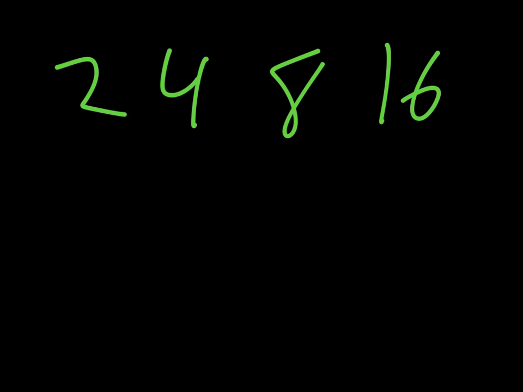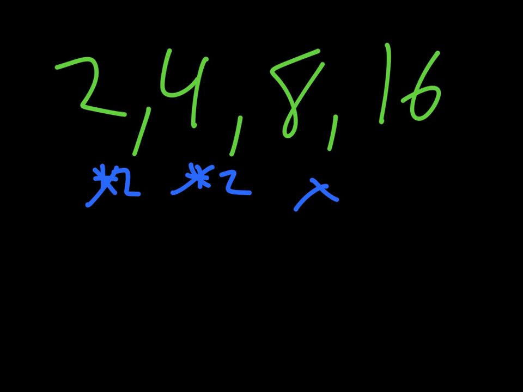Okay? If we have 2, 4, 8, 16, well, first let's think. Are we adding? If you add 2 to this, you get 4, but if you add 2 to this, you don't get 8. What if we multiply by 2? If you multiply by 2, you get 4. If you multiply by 2, you get 8. If you multiply by 2 again, you get 16.